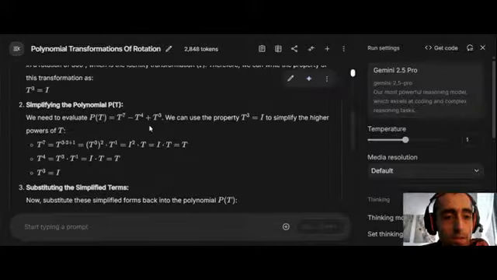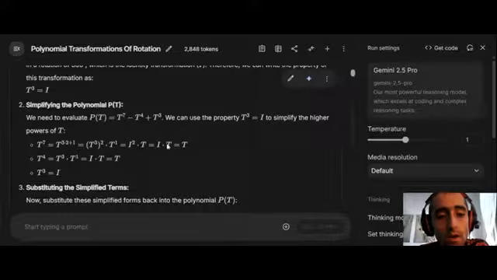Second step, let's simplify the polynomial. So when we apply the transformation to the polynomial, we get this one. Now let's apply t to the power of 3 equals I, so we will divide them. For example, t to the power of 7, I can say that this is t to the power of 3 twice and then t, so I get I two times, which is I, and then I get t.